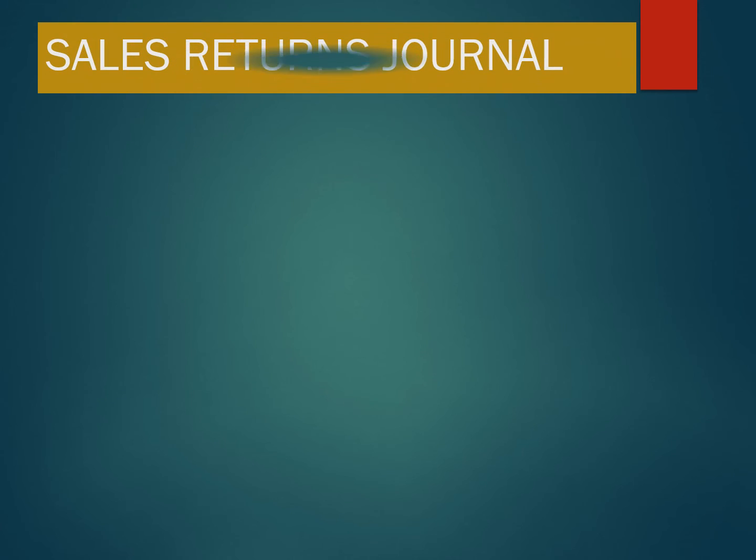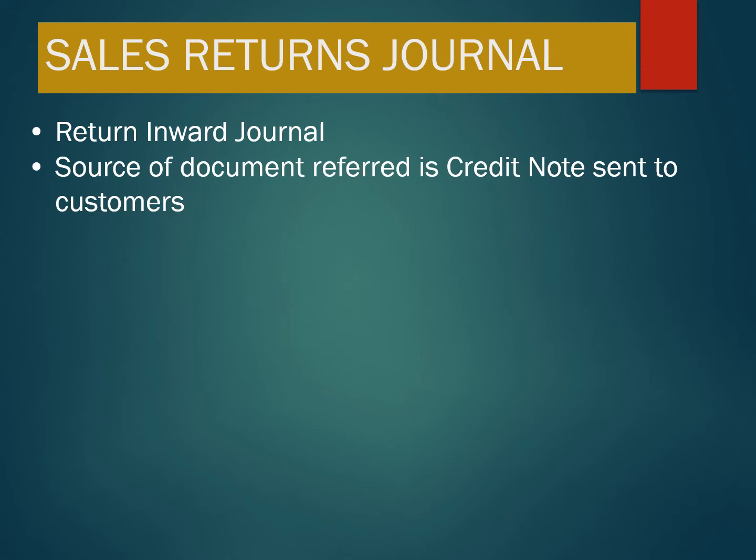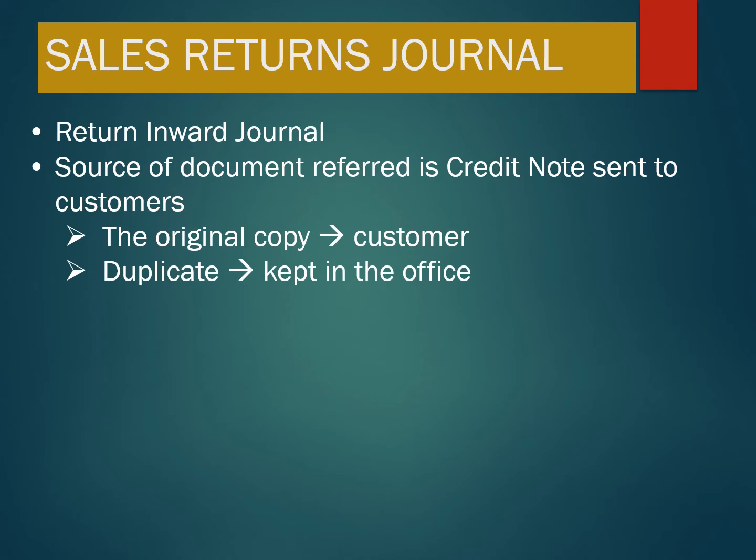So credit notes that we send out to customers mean that it is a sales return. So we must record it in the sales return journal, other names called return inward journal. And the credit note, when we send it to the customer, of course the customer will have the original copy, and we only keep the duplicate one.